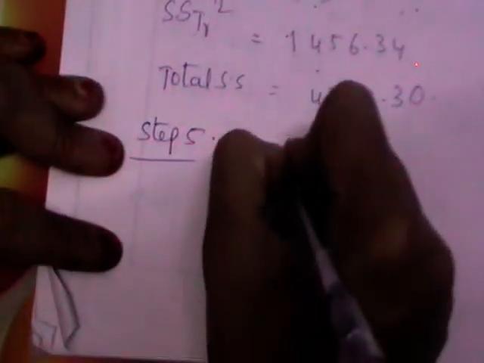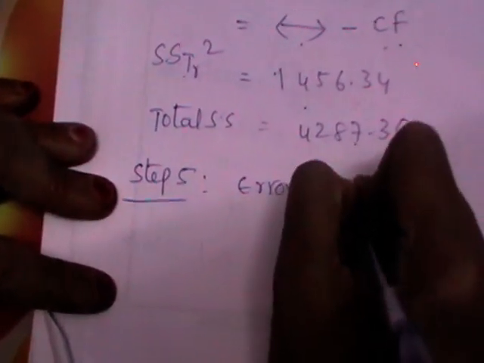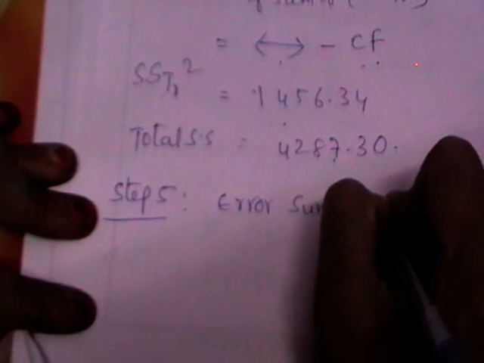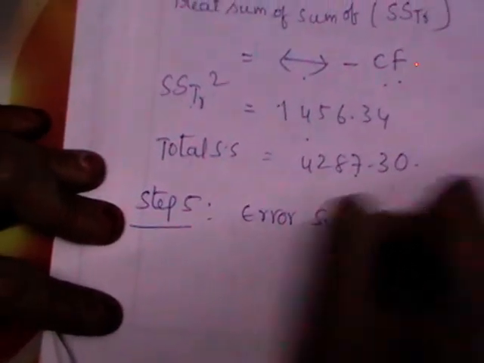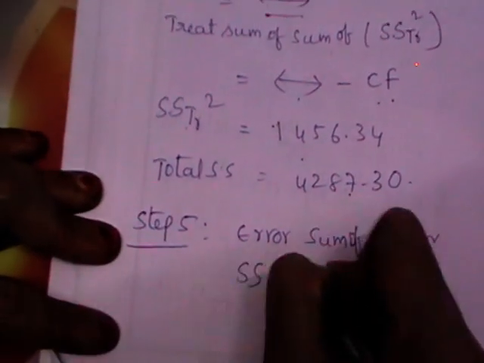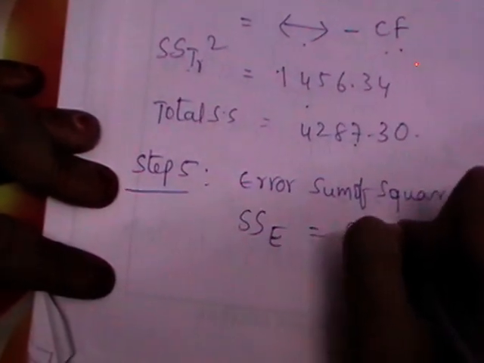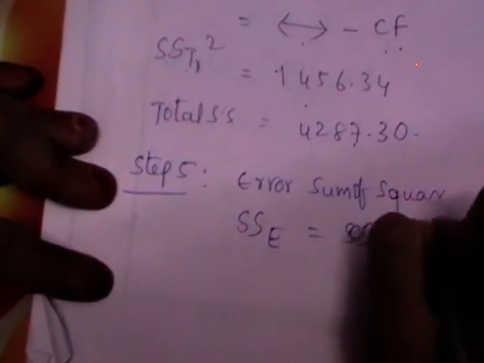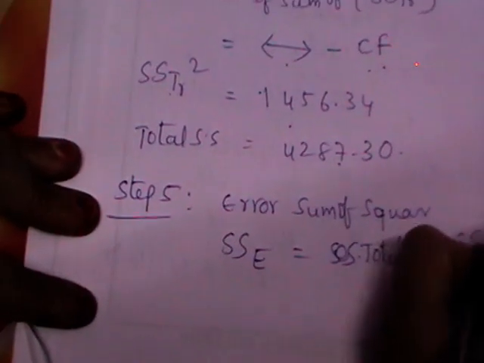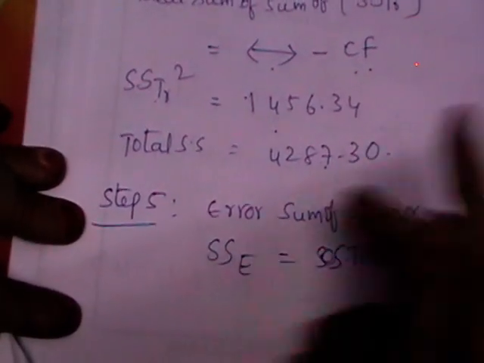So to calculate the F statistic, you should calculate the error sum of squares, which we indicate with SSE. SSE is nothing but the total sum of squares minus the treatment sum of squares. This is the formula for the error sum of squares.